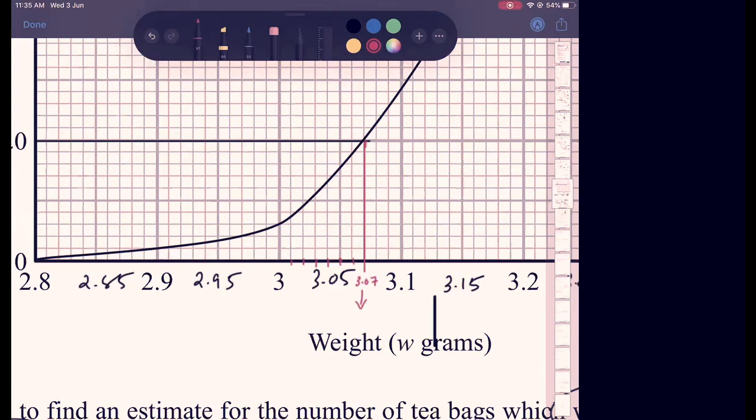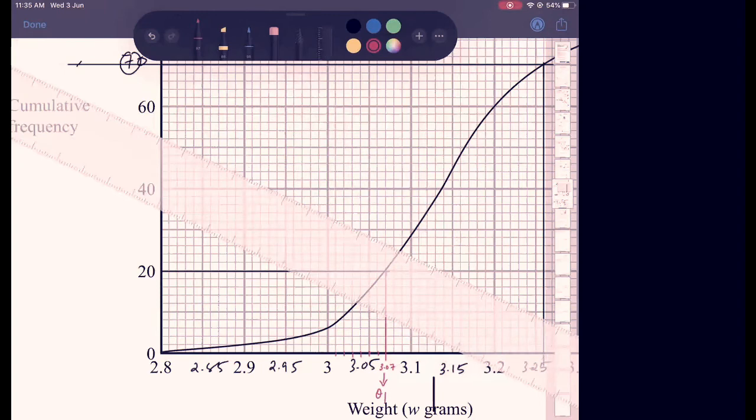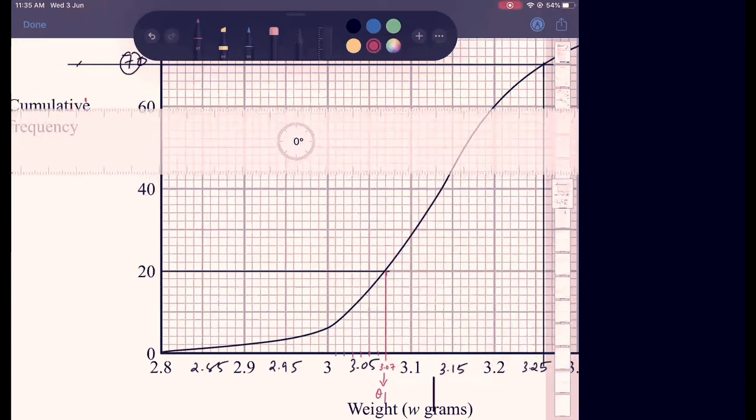Now we have to draw a horizontal line through 60, and it intersects the curve at this particular point.